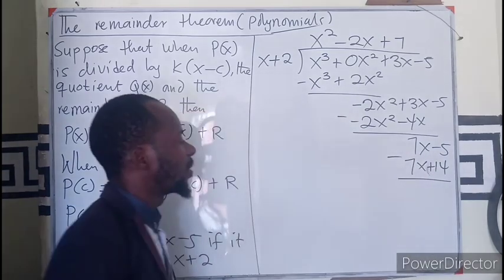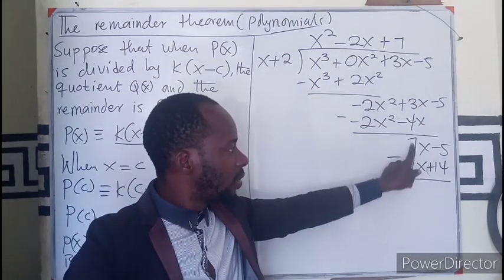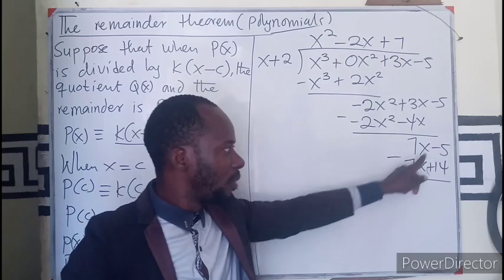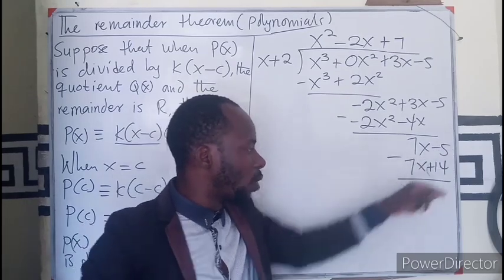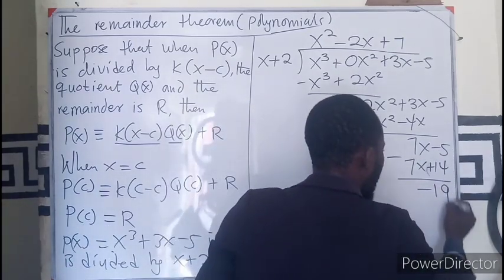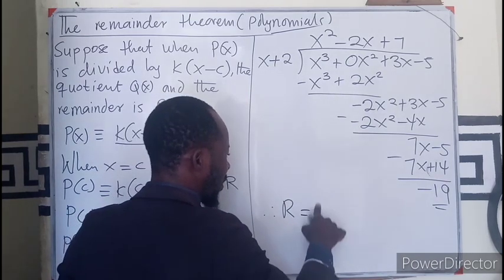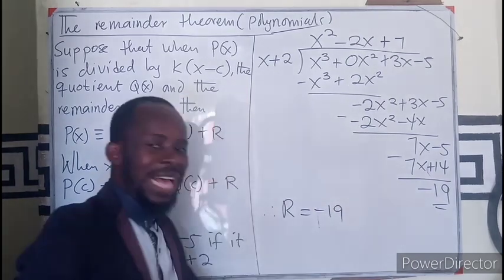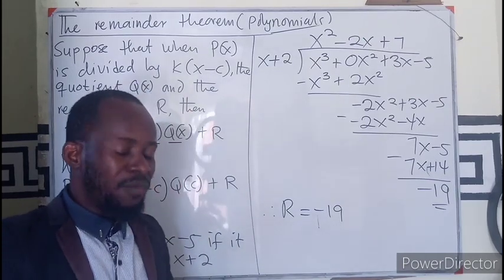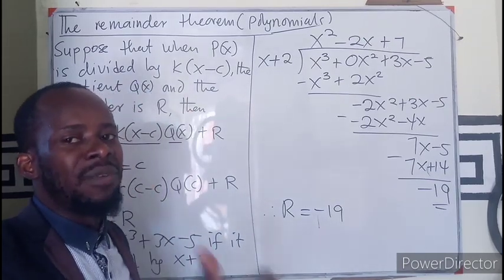Now let's subtract. This minus this, 7x minus 7x, 0. Minus 5 minus 14, minus 19. So therefore, our remainder will be minus 19, as we did for finding the zeros of that linear function.